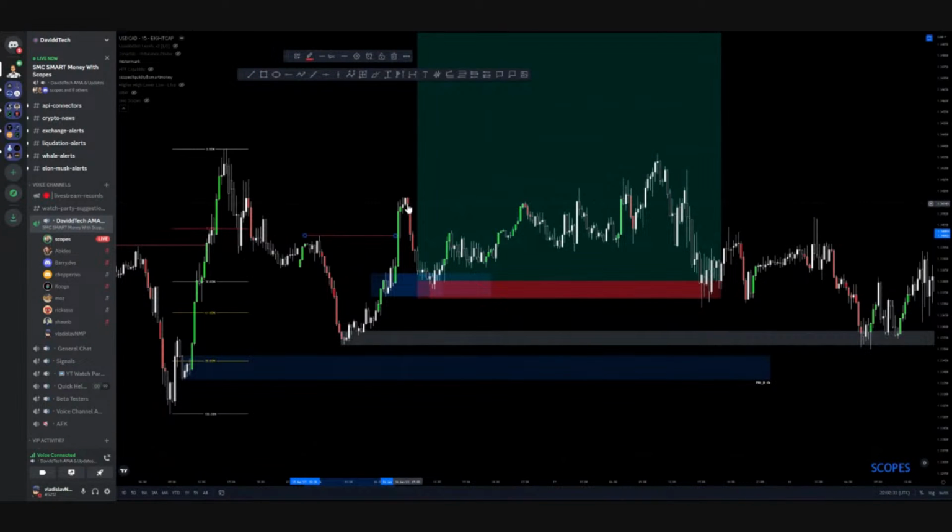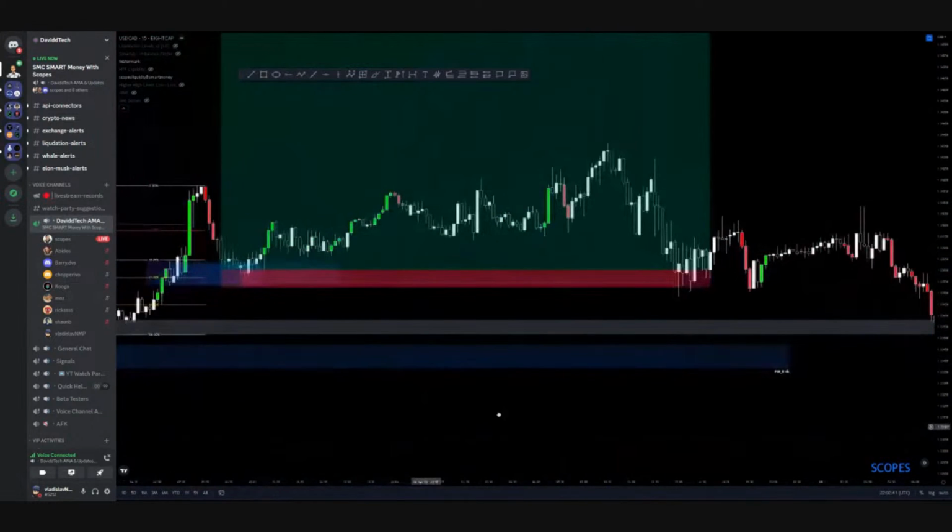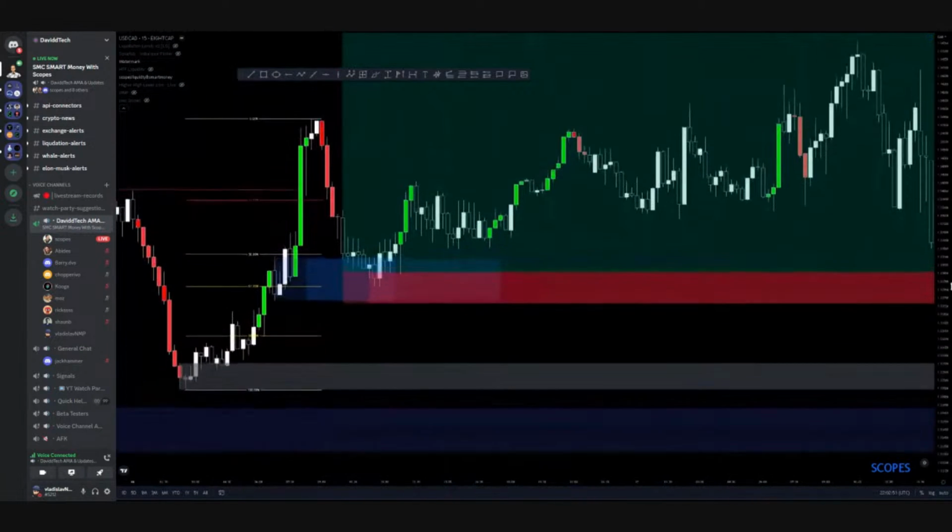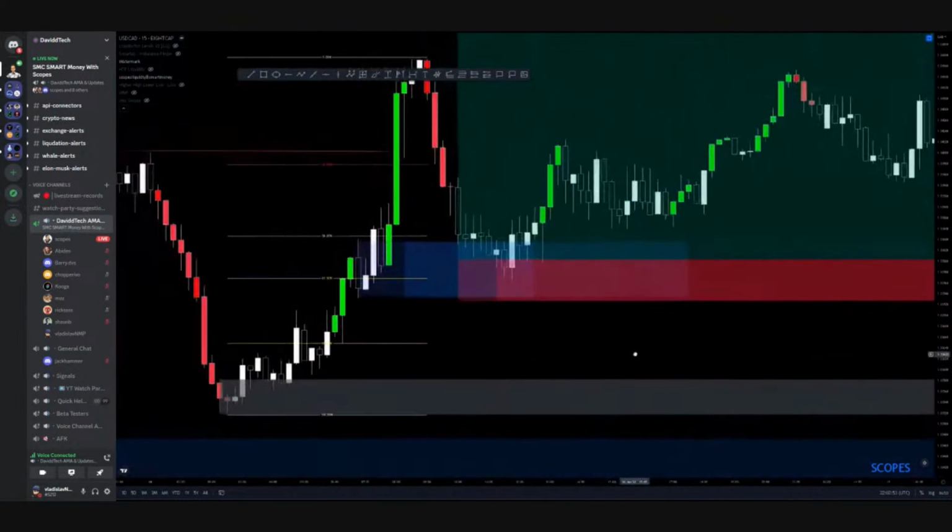And then when I saw these two candles coming down, I fibbed from this low to this high. And there's this candle here, not this one, because if you look closely, this is the one that closed last in the discount zone.